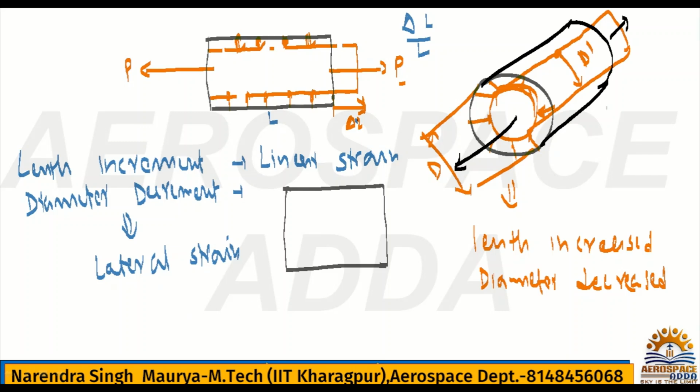So the change in diameter, delta D, divided by the original diameter D. But because it is decreasing, it is minus. We have an increment in length, so that is plus.